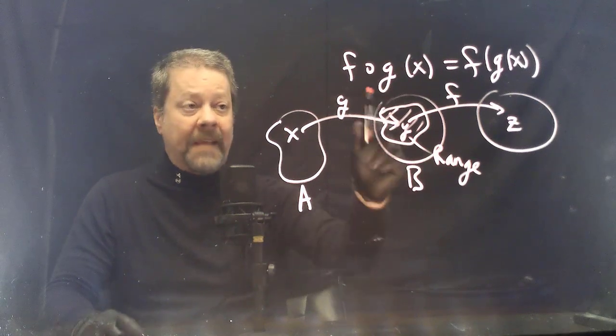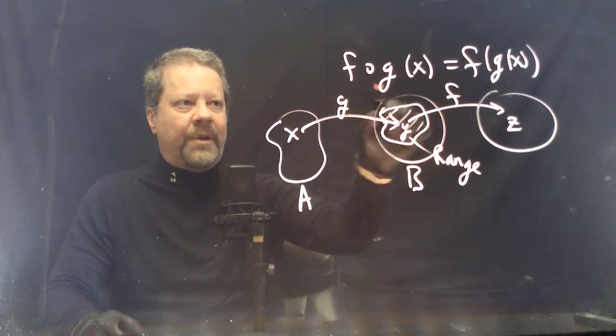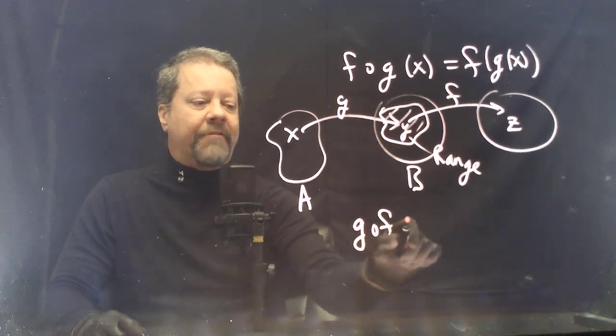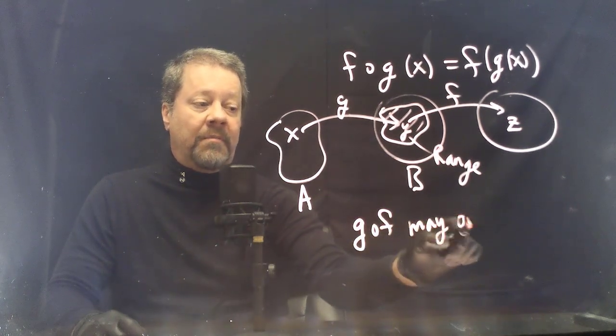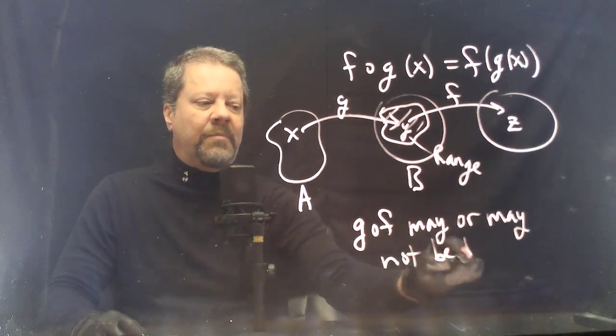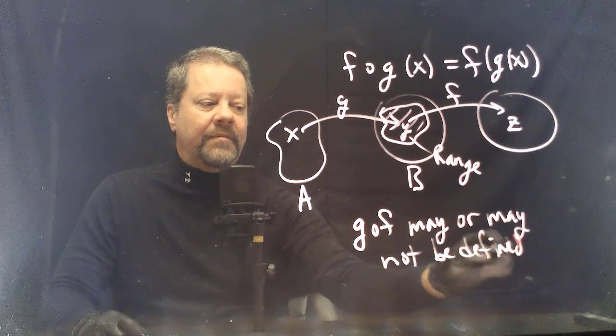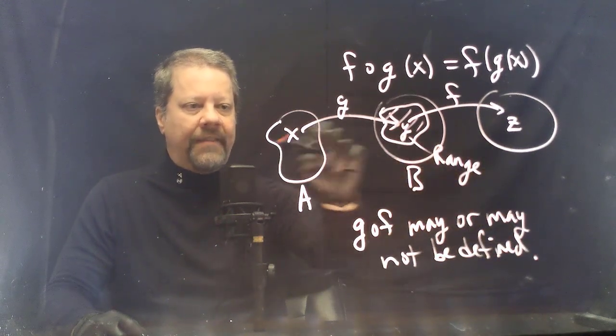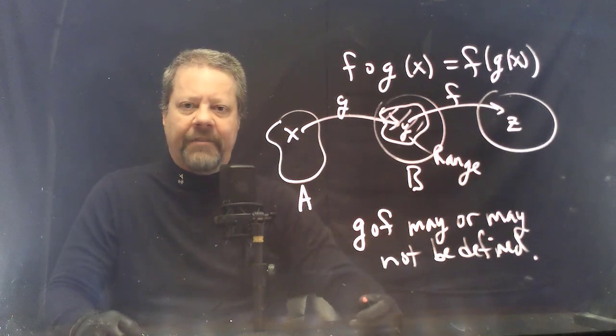So you can see it can be possible to have f composed with g defined, whereas g composed with f may or may not be defined. If you have f going first and then g, that may not even make sense.